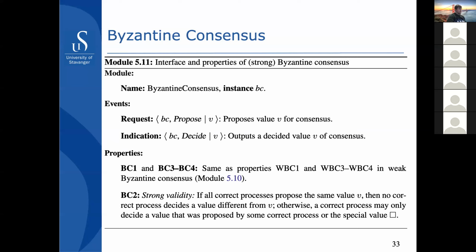So we have the guarantee that the decided value will not originate from a Byzantine process: it was proposed by a correct process, or in the worst case we use this special value square.